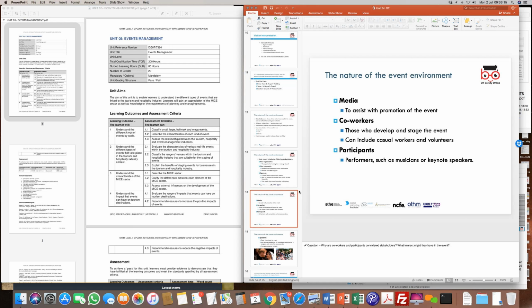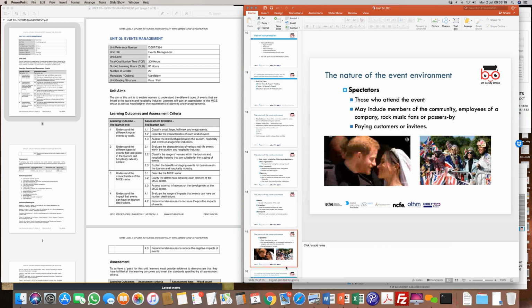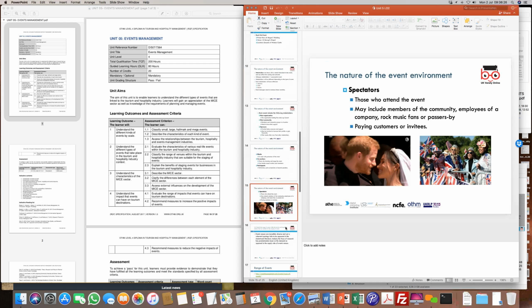Now, one of the key elements of a real life event is the audience or the spectators. If I take the example of a gig or a music concert, you see the organizers who organize the event. The key person would be the one coming in to perform, and the performance is witnessed by a lot of audience and fans.